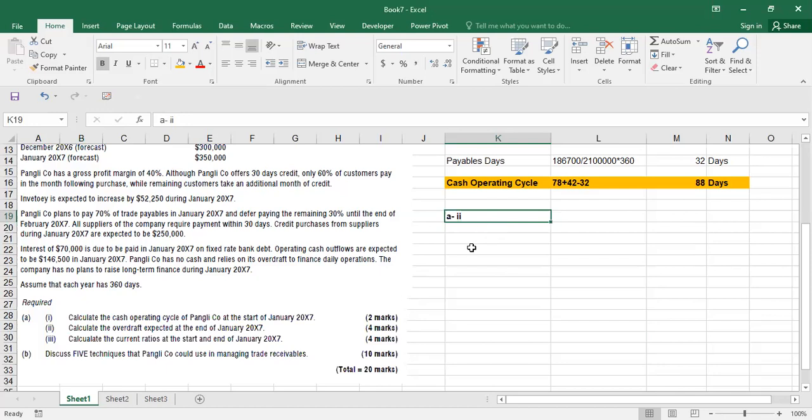Here you need to see how much money you will receive from customers, how much you will pay to your suppliers, how much you will pay for your other expenses, how much overdraft interest you will pay, and how much inventories you will increase. All of these together we will calculate and we'll say this is our cash shortage and this is what we need in the overdraft.